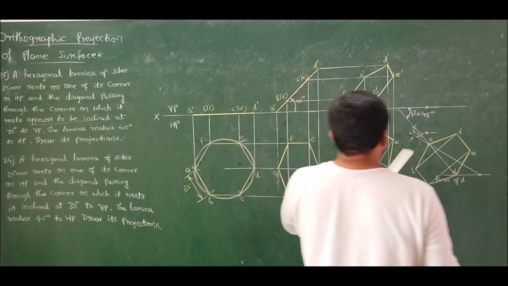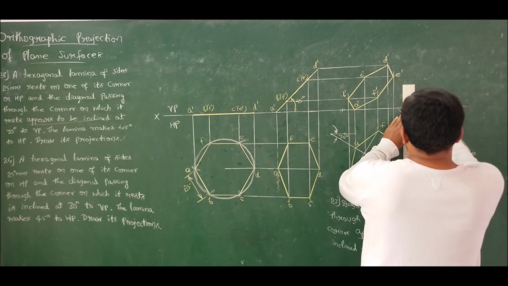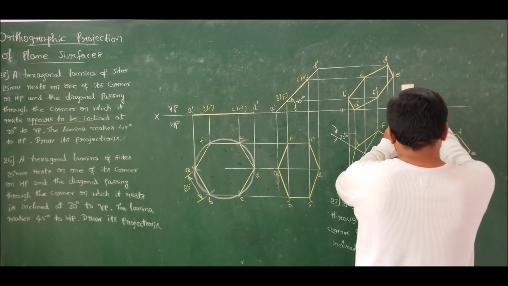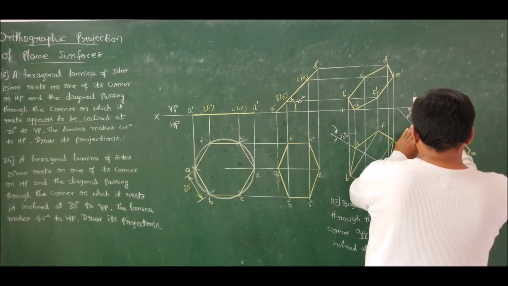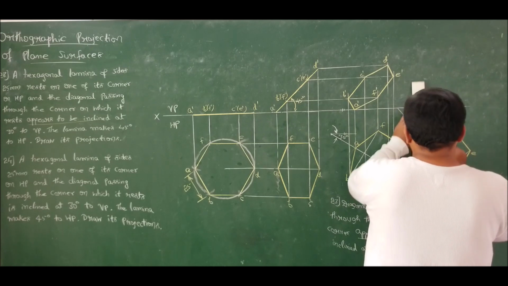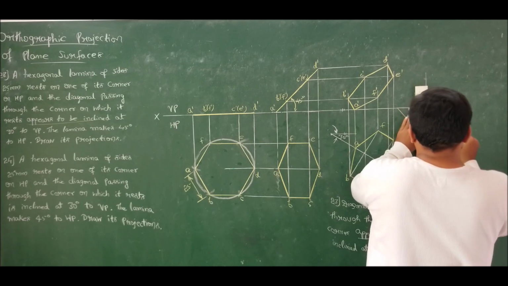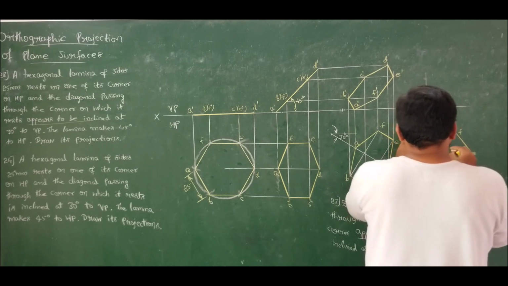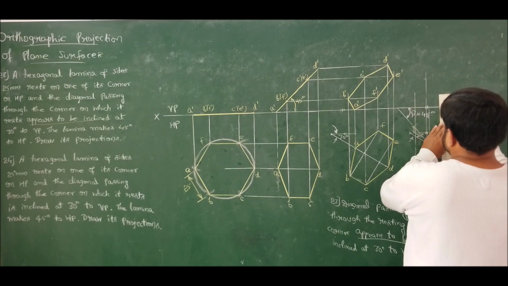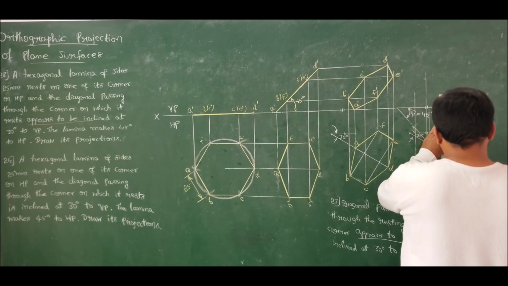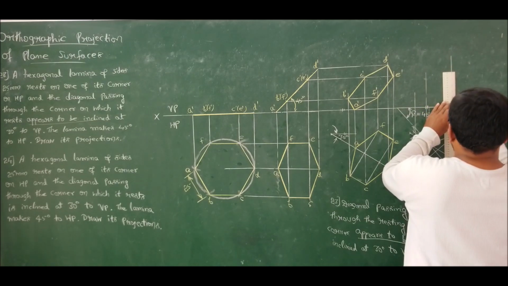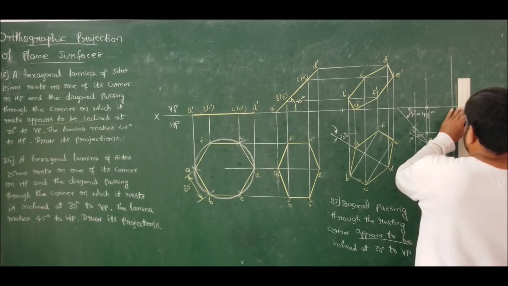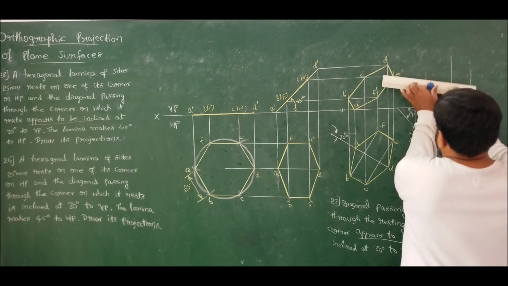Now take the projection. So this is till B. Then I will get C. Then I will get A. Then I will get D. Then F. And finally E. So take the horizontal projection.